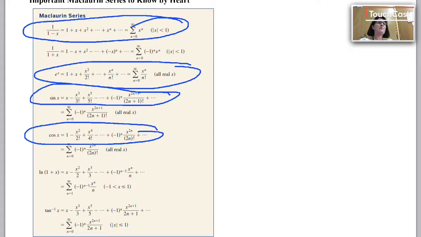You could always stop and figure them out on the AP test, but it's not uncommon for them to say, write the first 4 terms of the Taylor polynomial approximation for e to the x, and then in the next step use it to do some other thing. So if you know these 3 by heart, you'll find that your work on the AP test goes faster.